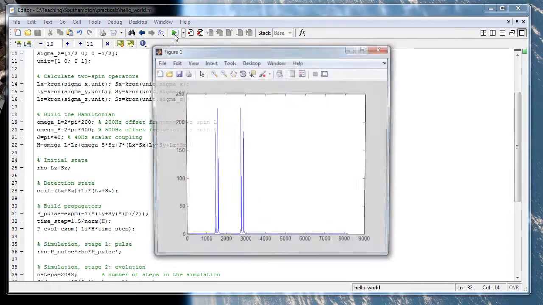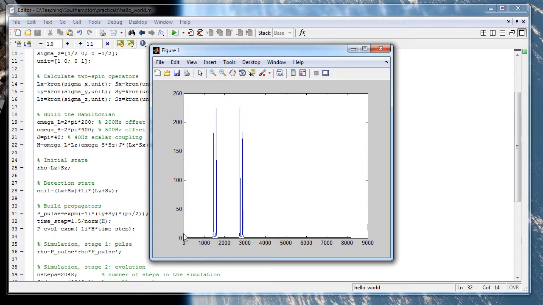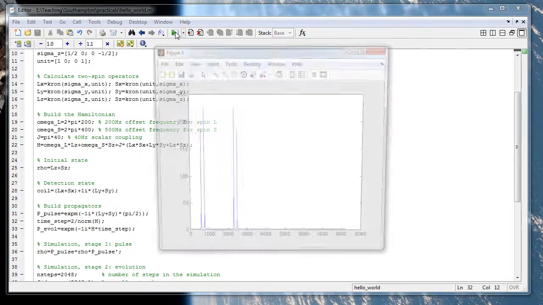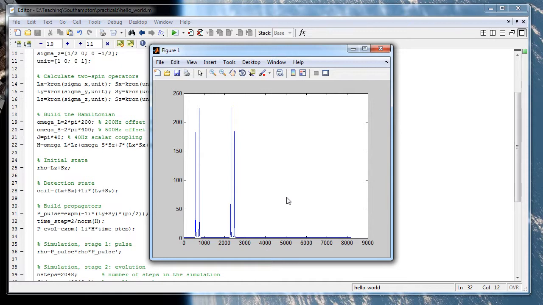So you see the signals moved a little bit to the edge, and if we make it not 1.5 but twice, so slightly longer, they move even closer to the edge. So this frequency here is those 400 Hertz, and we are sampling at the moment at about 400 Hertz.